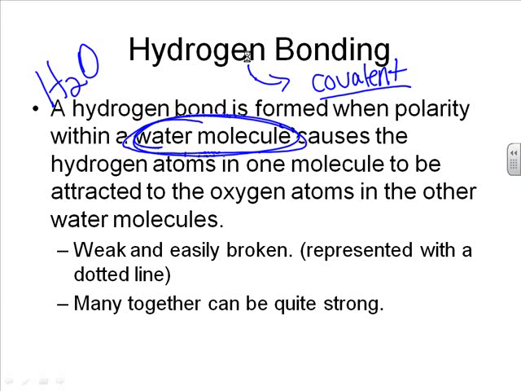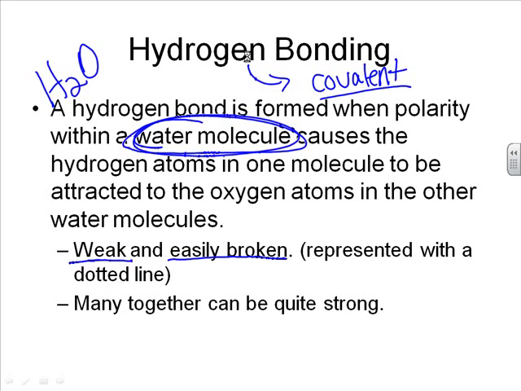Well, hydrogen bonds have some unique features. First of all, the way that hydrogen is attracted to that oxygen is really a weak attraction. It is weak, and therefore it is easily broken. Think about having 3 drops of water. Put 3 drops of water on your desk and take your finger and push the drops of water.